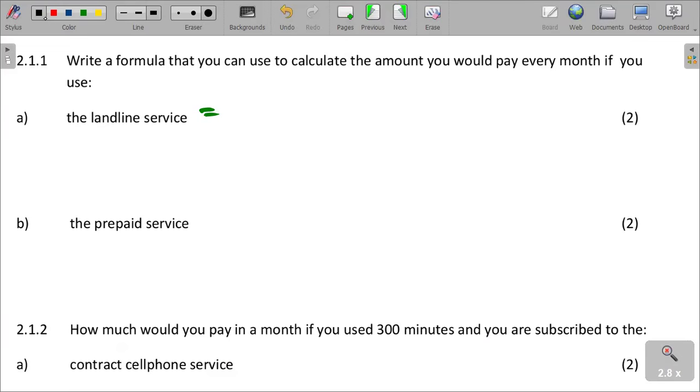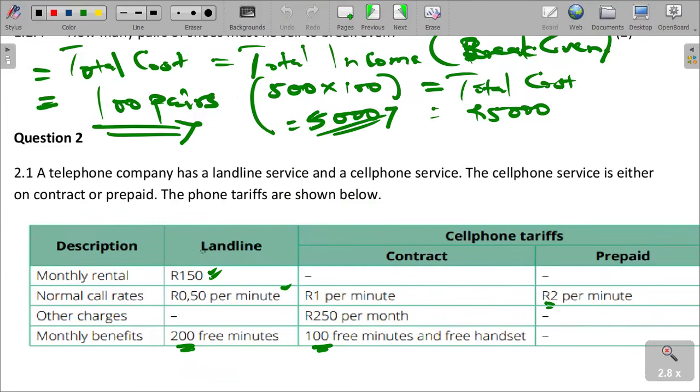That can be a monthly payment. Monthly payment is equal to, how do we get our monthly payment in terms of a landline? We have got a cost charge of a landline of 150 that is given here.